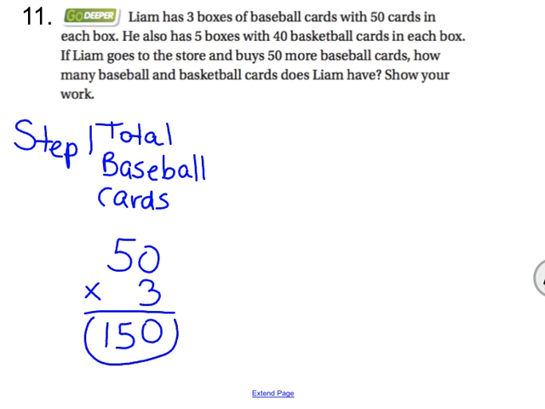So he has a total of 150 baseball cards. Okay? So that takes care of this sentence right here. So now he has 5 boxes with 40 basketball cards in each box. So that will be my step 2.